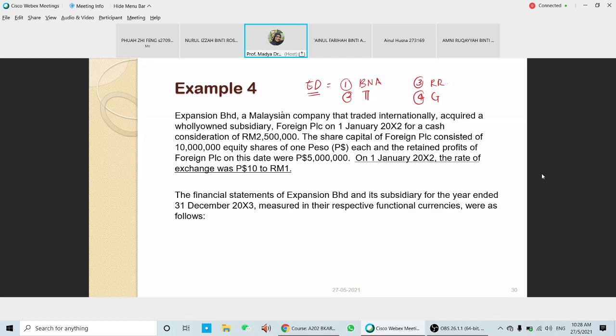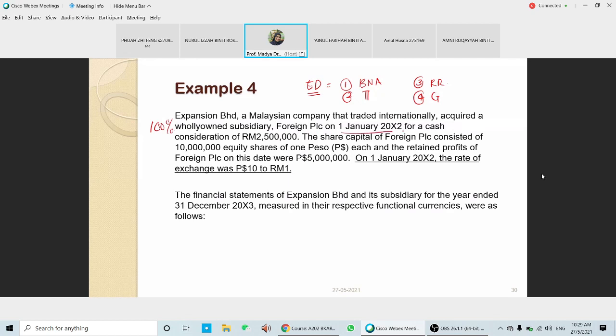We try to look at this example. Expansion Berhad is a Malaysian company that trades internationally, and acquired a wholly owned subsidiary, meaning they have 100% of the shares in this foreign public limited company, on 1st of January X2.